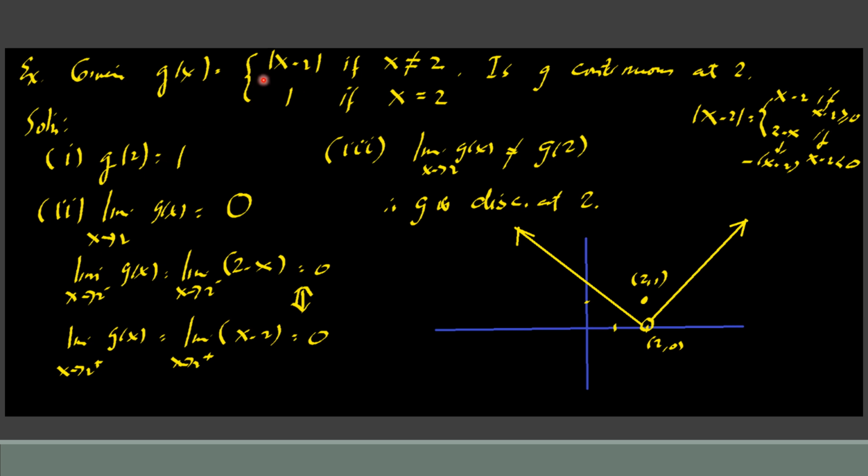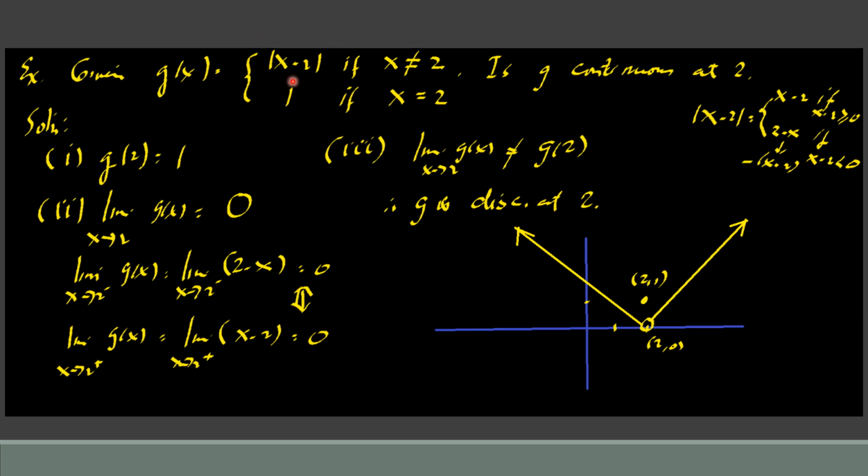So right and left of x equal to 2, g of x is equal to the absolute value of x minus 2. But to solve for the two-sided limit as x approaches 2, we need to evaluate the one-sided limits as x approaches 2 from the left and as x approaches 2 from the right.